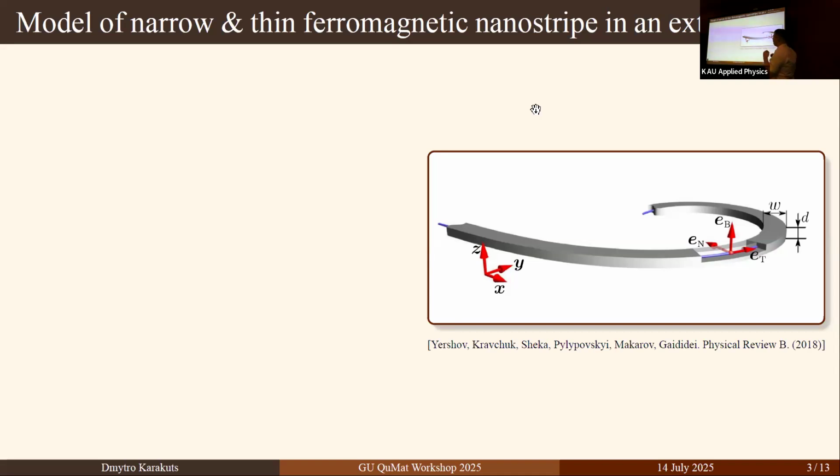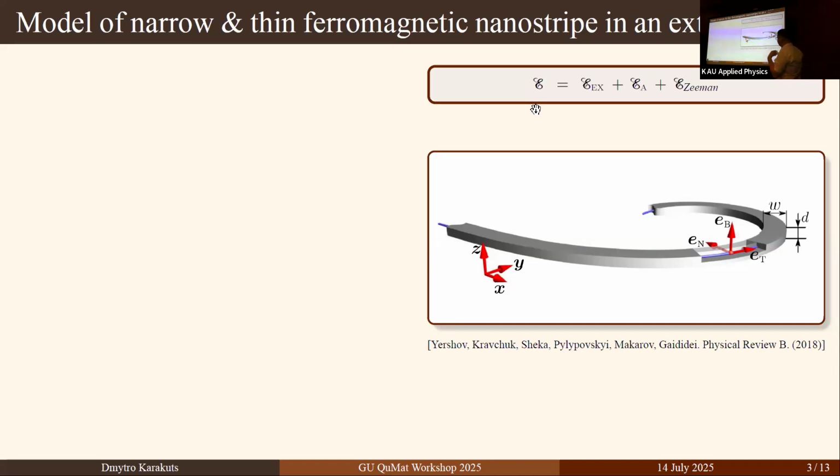We consider a nanostripe to be narrow and thin, with its thickness and width significantly smaller than its length. To describe magnetic properties of such a stripe, we use a model of a classical ferromagnet with a biaxial anisotropy. Here we have three components.